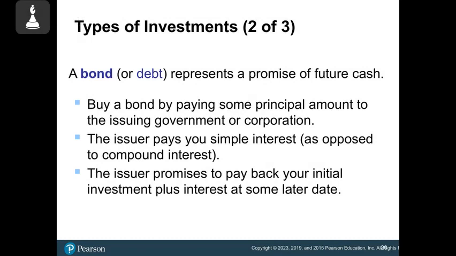What happens is you can buy a bond paying some principal amount to the issuing government or corporation or bank. And basically that person will pay you the interest over time, and they promise that they will pay you back that initial investment and the interest at some later date.